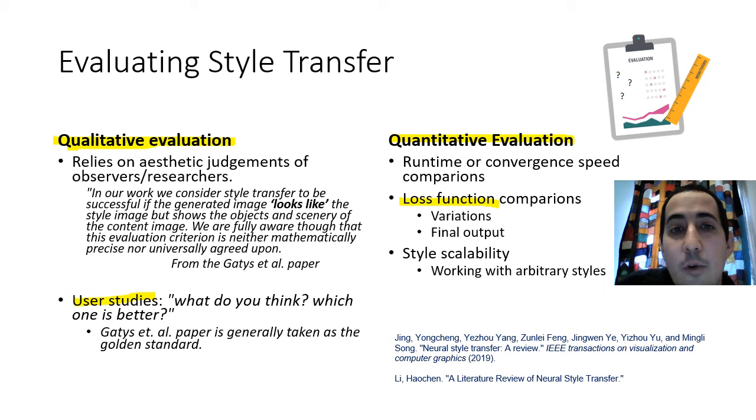Some studies may work with limited styles, and thus being able to work with arbitrary styles, style scalability, is another measure. Although the definition of arbitrary is qualitative. To sum up, there is no precise metric that everybody agrees on, but this is quite natural since this field is more about art than mathematics or engineering.